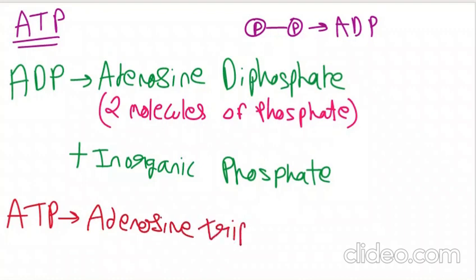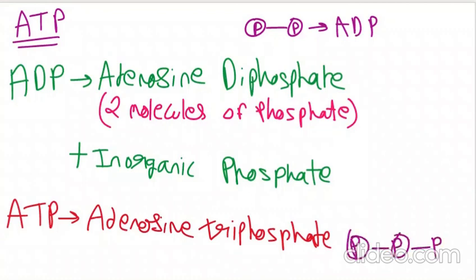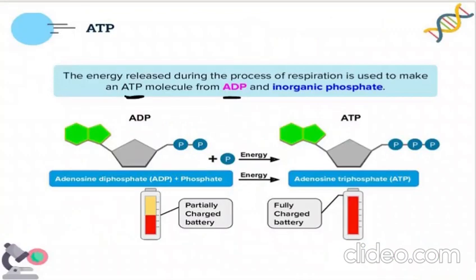Why triphosphate? Because now when the inorganic phosphate is added to ADP, it converts into three molecules of phosphate. So when there are three molecules of phosphate, it turns into ATP, and that time the cell is fully charged.